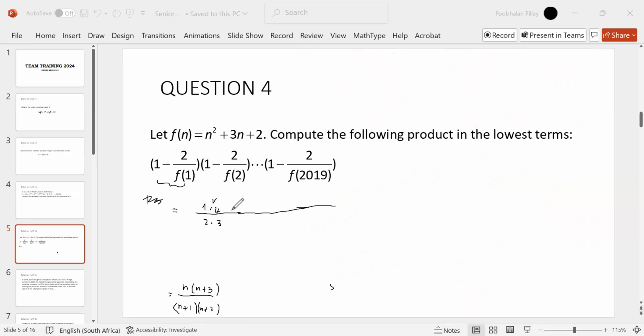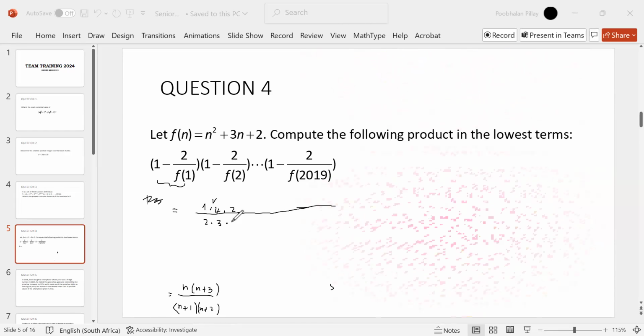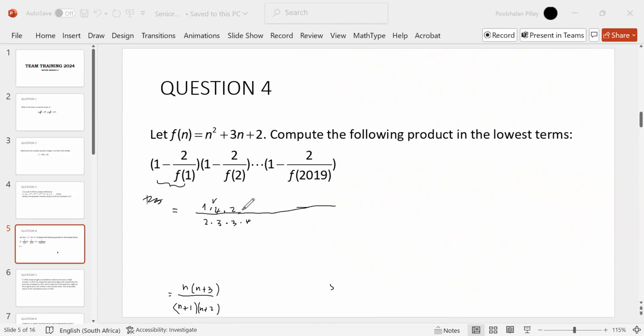The second one, we are multiplying it. So now n is equal to 2, so I'll have 2 times 3 times 4 times 5. Like that. And the next one, you'll have 3 times 4 times 5 times 6. See, you just go n plus 1, n plus 2, n plus 3.